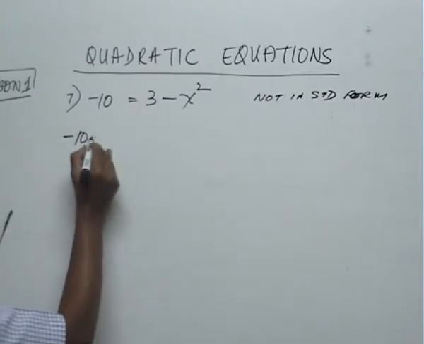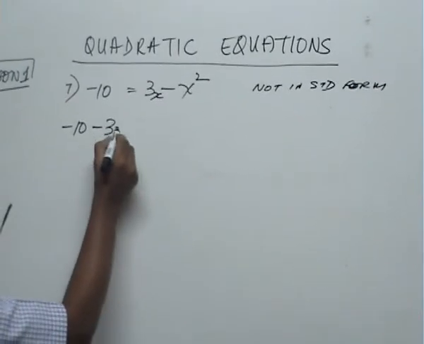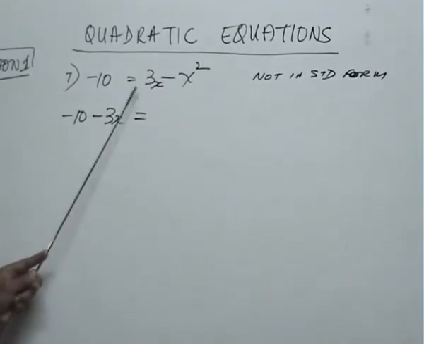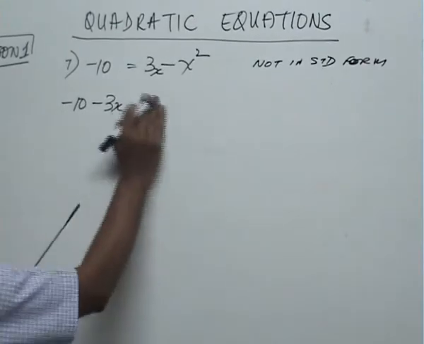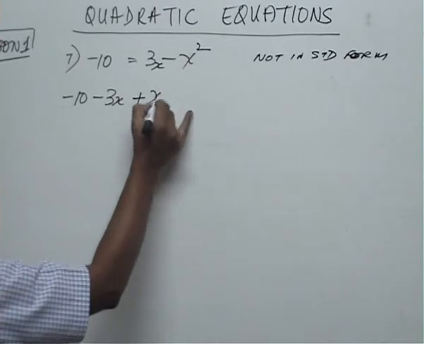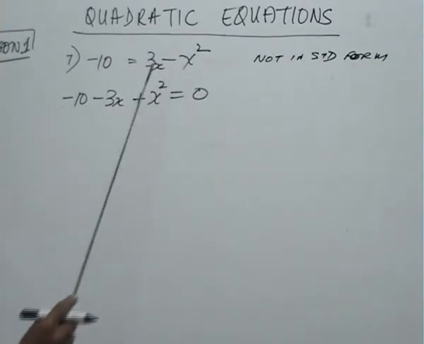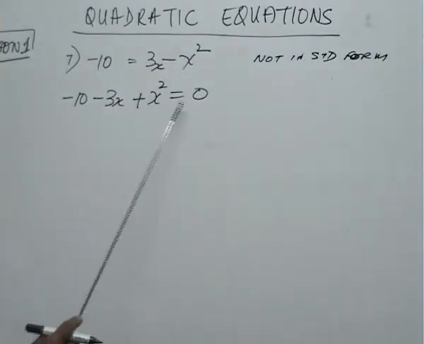If I bring the minus, oh sorry, there's a 3x here. Minus 3x. See, that's plus 3x will become minus 3x. Then that also has to come here. So that will become plus x squared is equal to 0. So I brought the plus 3x, it became minus 3x. I brought the minus x squared, it became plus x squared is equal to 0.